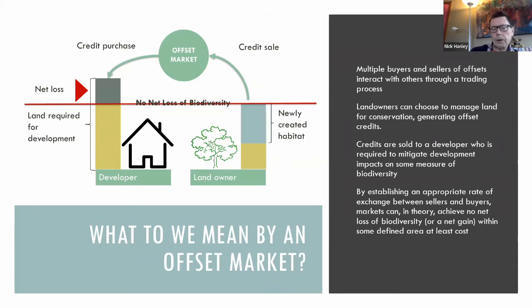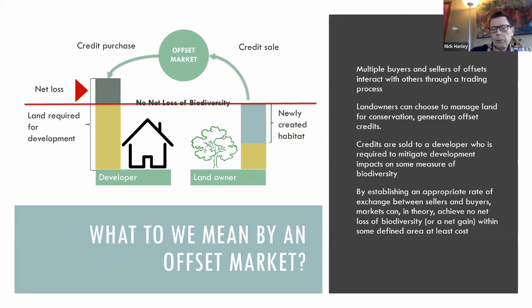So the developer on the demand side, and the land manager on the supply side, may be considerably separated in space. So the developer might be in Devon and the landowner might be in Cornwall.